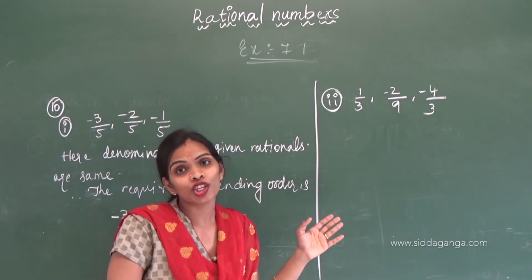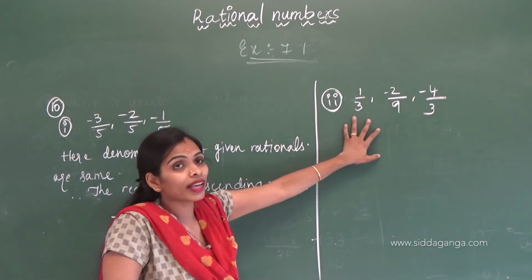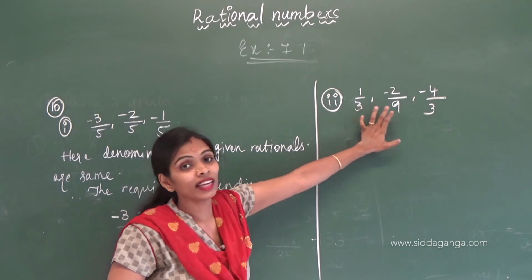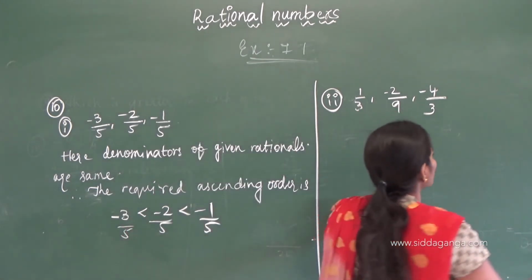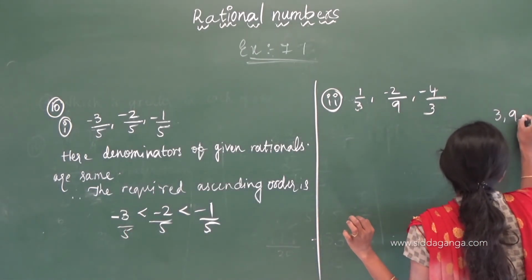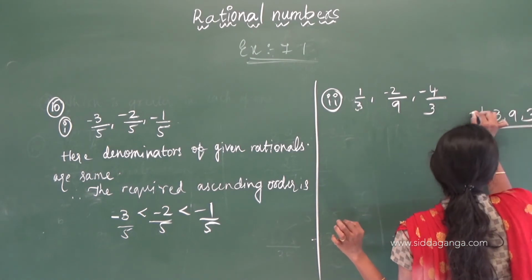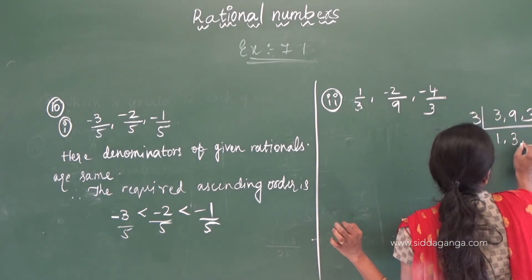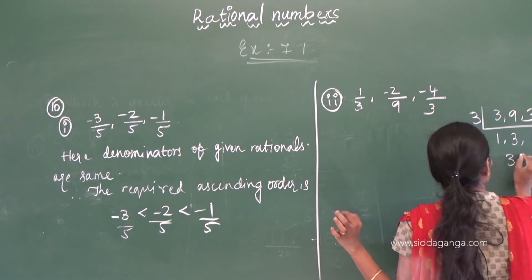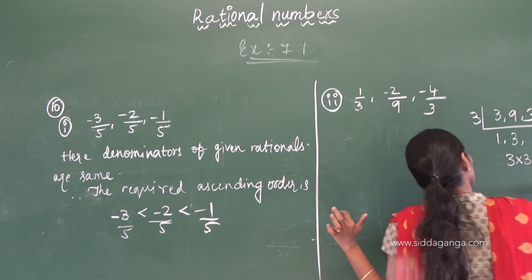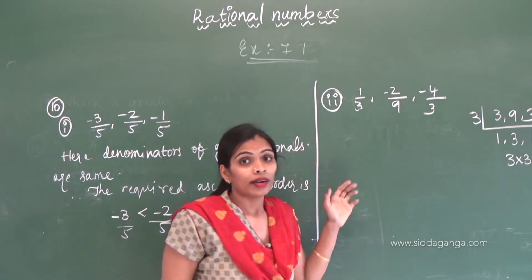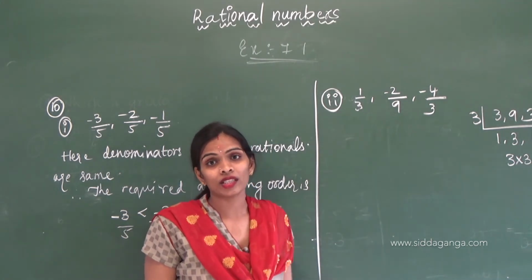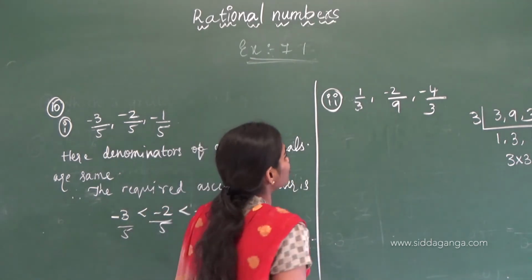That's why, if you take the LCM of 3, 9, 3, we will get LCM as 9. So we have to change all the denominators of the 3 rationals to 9.